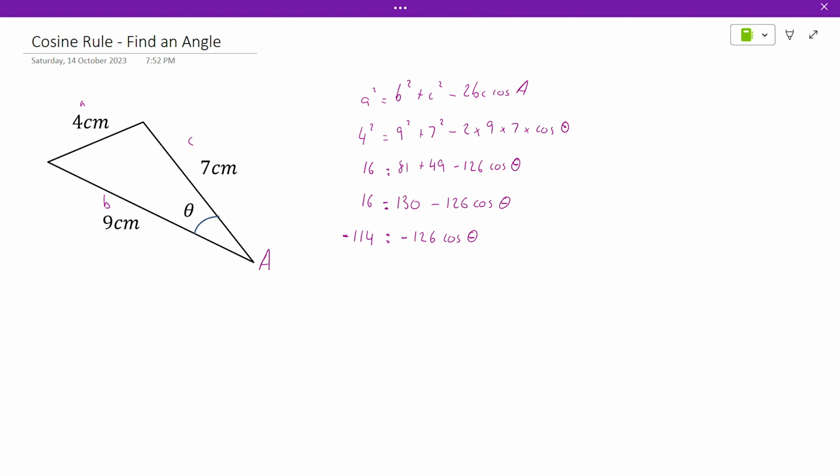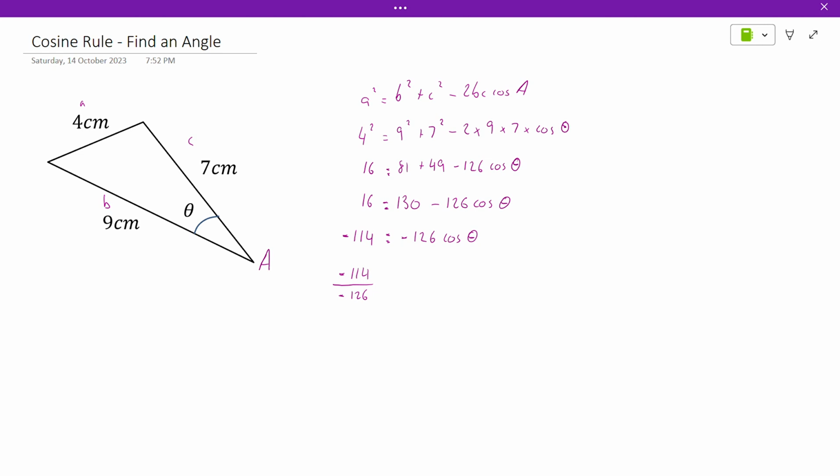Okay, on the right-hand side, we've got negative 126 multiplied by cos theta. So I want to divide both sides by negative 126. If I do negative 114 divided by negative 126, that's going to come out to a decimal, which I don't really want just yet.